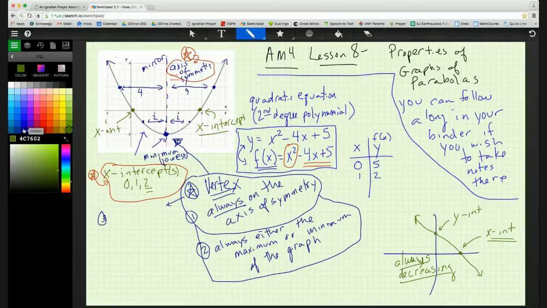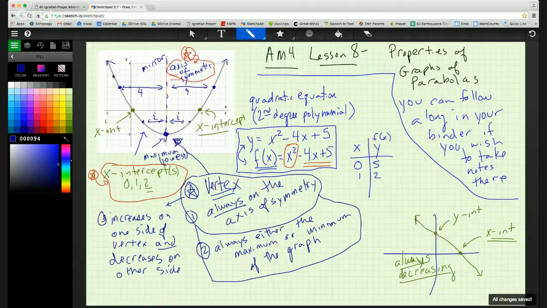Now, the interesting thing about a parabola is it increases on one side of the vertex and decreases on the other side.